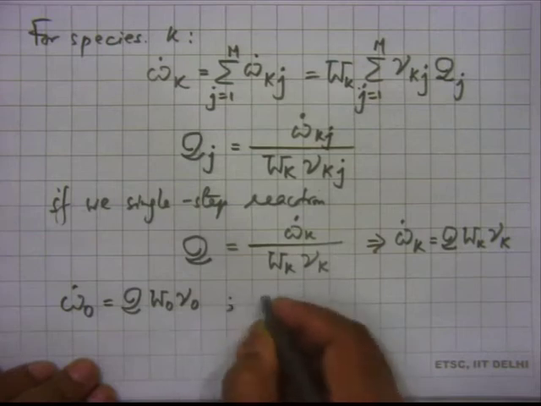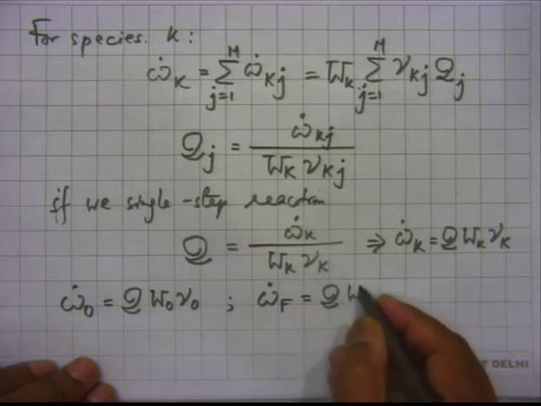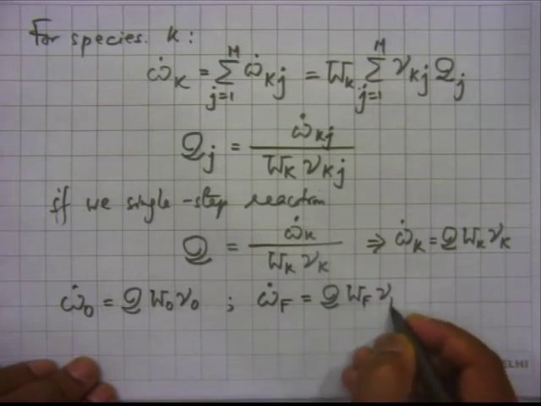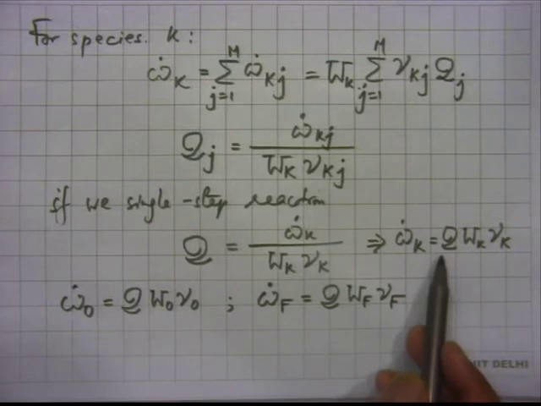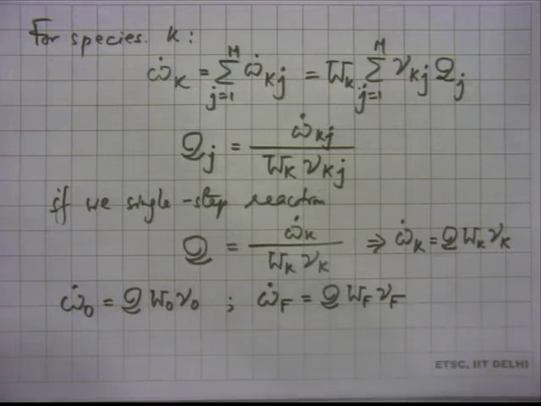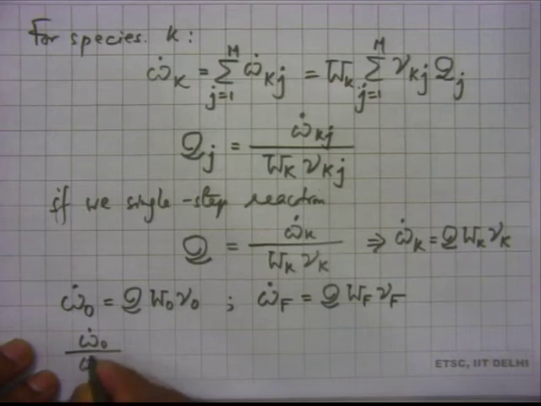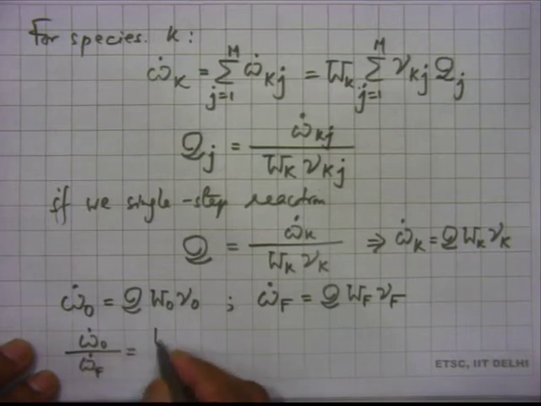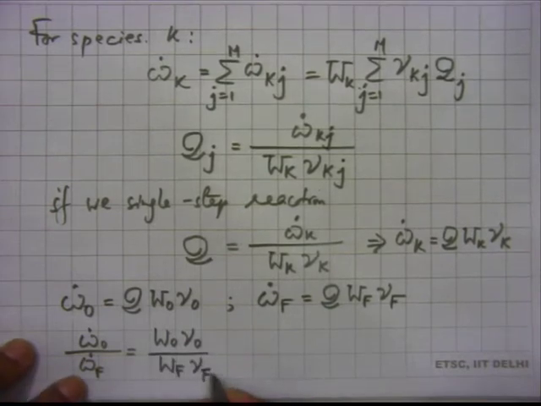And omega dot F is Wf nu f. So, just borrowing from here, that means omega dot O divided by omega dot F is Wo nu O divided by Wf nu f.